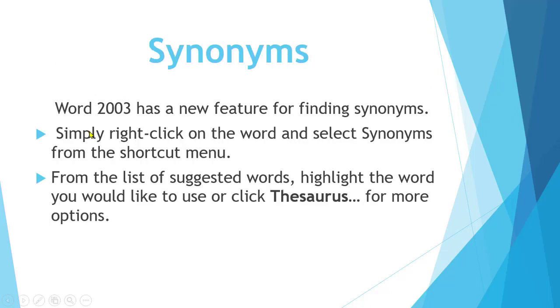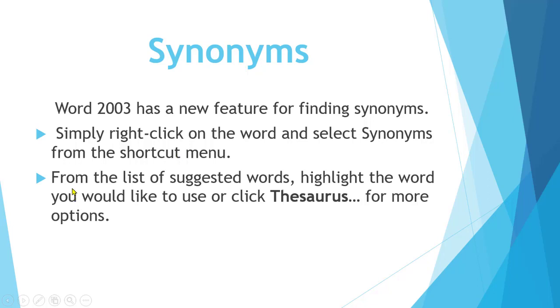Students, Word 2003 has a new feature for finding synonyms. Students, if you want to replace a word, then you can just find the synonym and you can replace the word with its synonym. For this, first method is simply right click on the word which you want to replace and select synonyms from the shortcut menu.